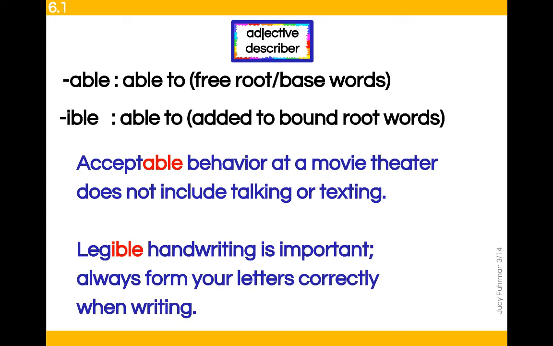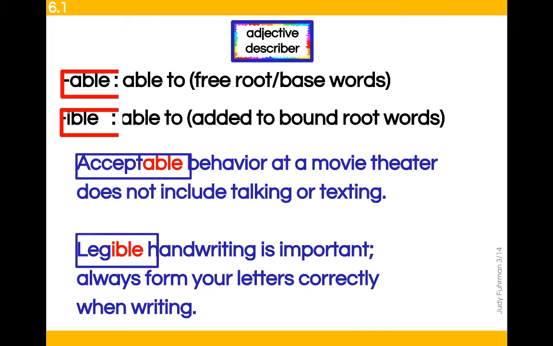IBLE is used in the word legible because leg cannot stand on its own. In that case, it would be leg, and we wouldn't say legable. Okay, it's legible. So again, ABLE and IBLE are used in two different cases, but both mean able to.